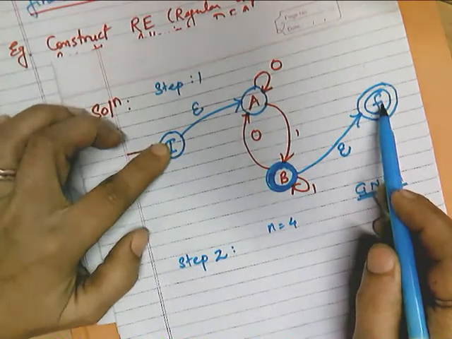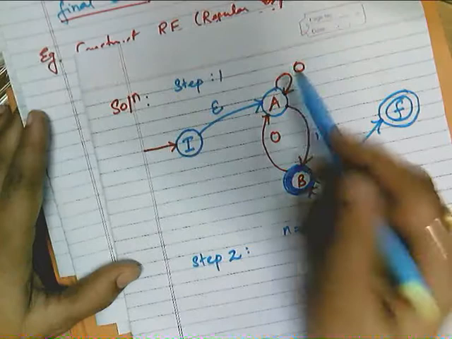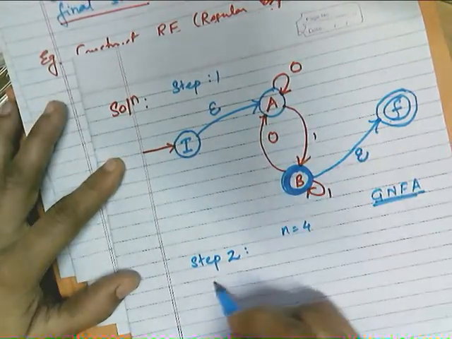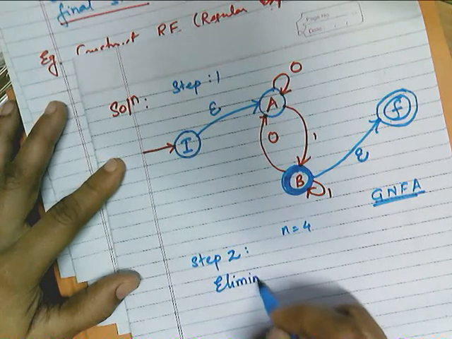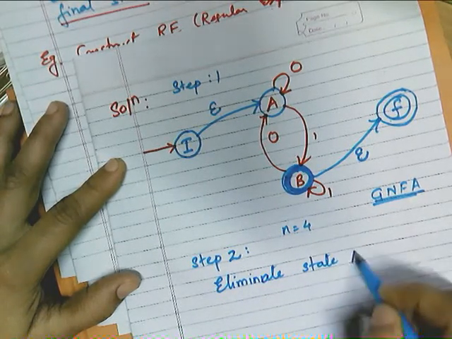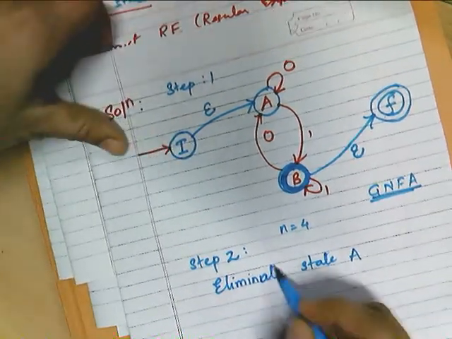So we need not remove these two states, we have to remove only these two states one by one, step by step. So very first we will try to eliminate state A.